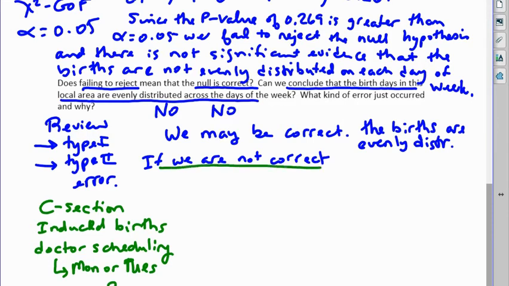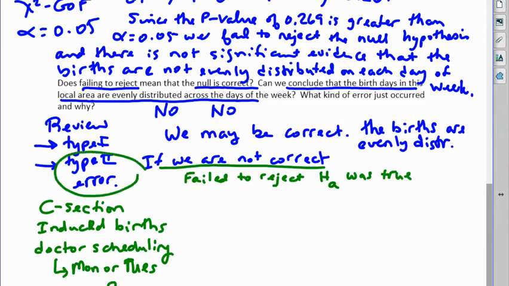So if we are not correct and we have failed to reject, HA was true, we have done a type 2 error.